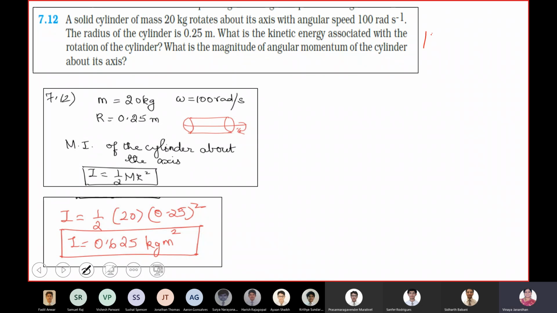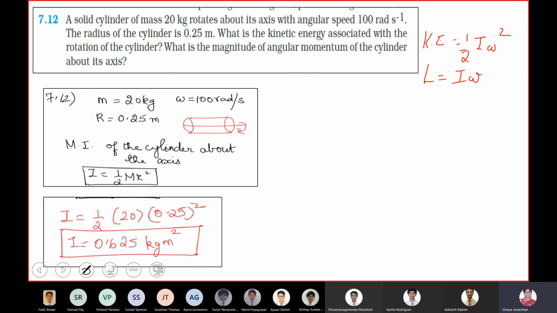Your formula for kinetic energy is half I omega squared. For angular momentum, L is equal to I omega.